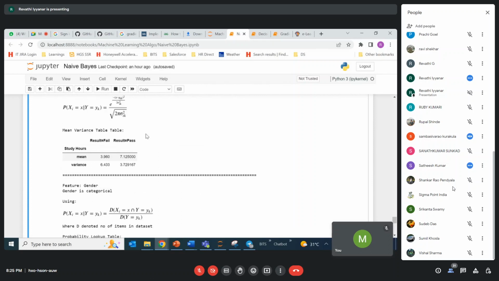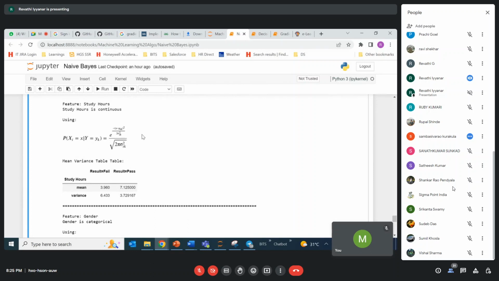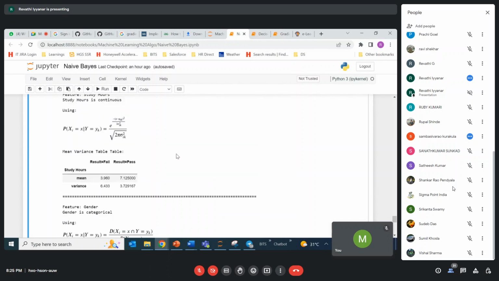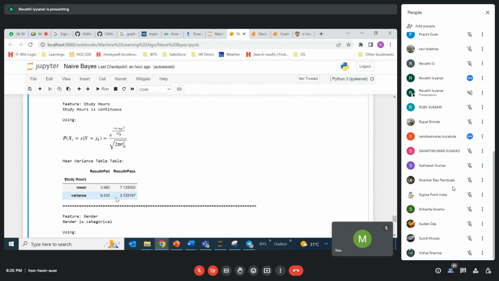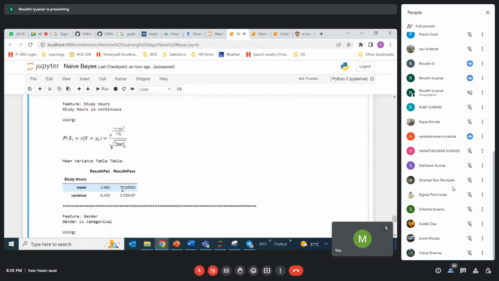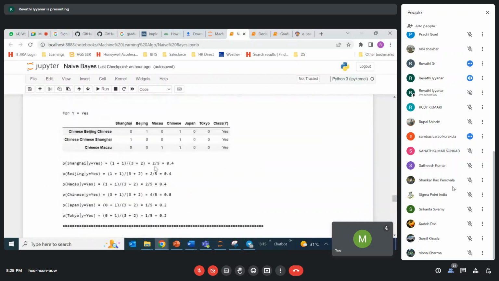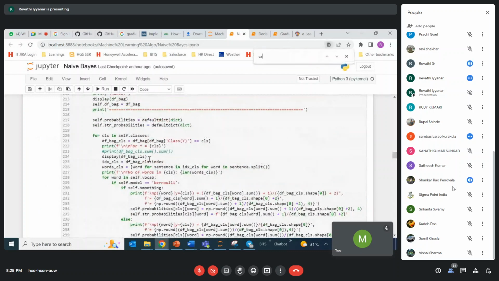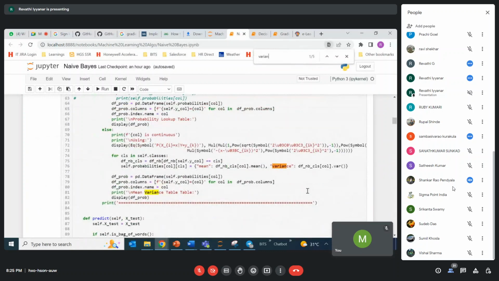You don't need to worry about whether the formula is divided by n or n minus 1. That minus one is only for sample. For population, just simply take n. That's it. If you want, we can check here how he has implemented the variance. I think it's a direct NumPy formula.